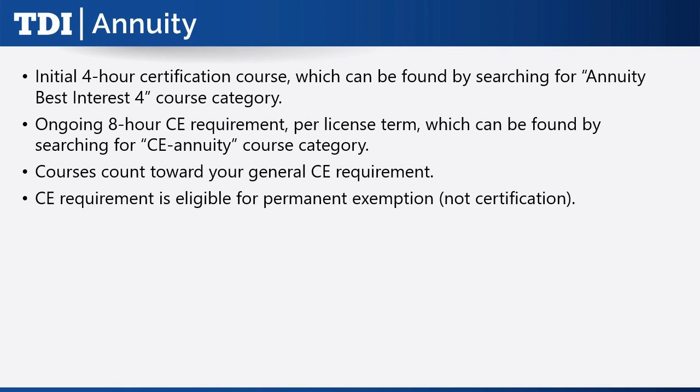The good news is those courses do count towards your overall general CE requirement, and the CE portion, so that 8-hour course, is eligible for the permanent exemption. The certification is not. So even if you're an individual who has that CE permanent exemption, if you want to start selling annuities, you need to take that 4-hour course first.